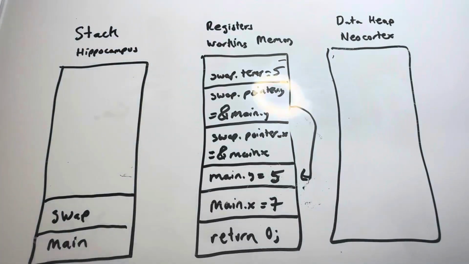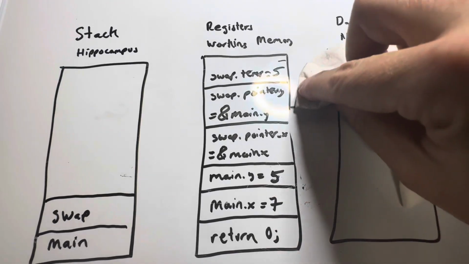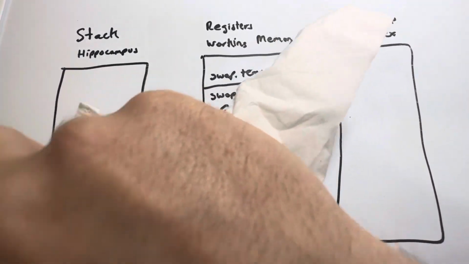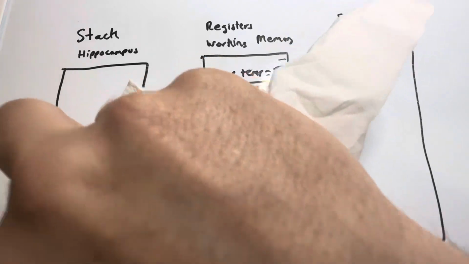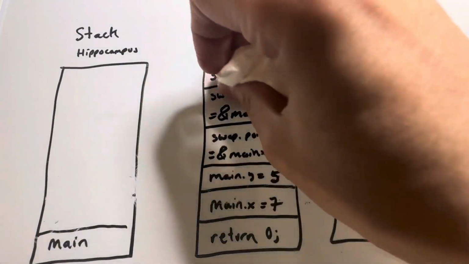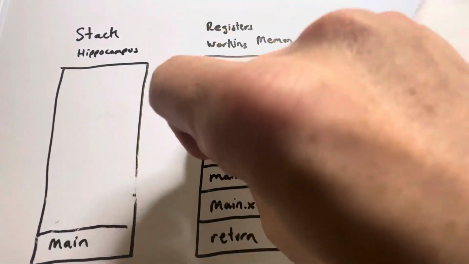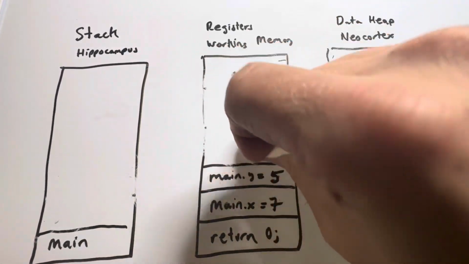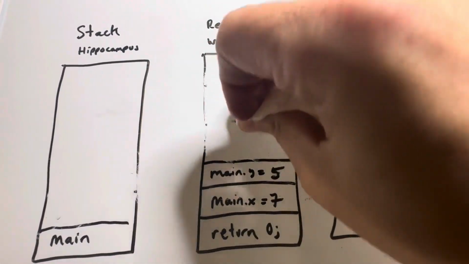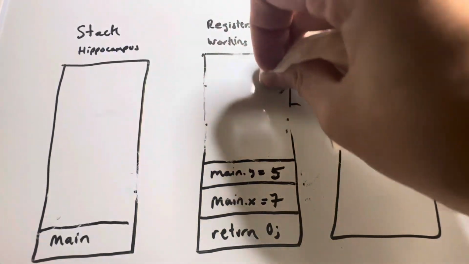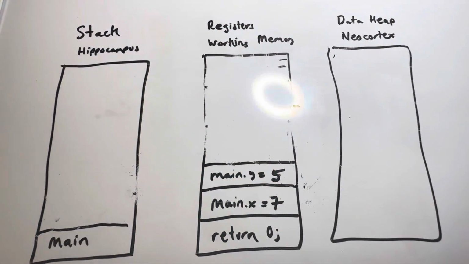The function is done. So our next task is to get rid of the swap function. We free it. And then we free these registers. Like so.